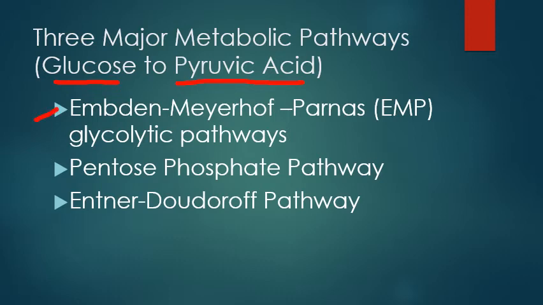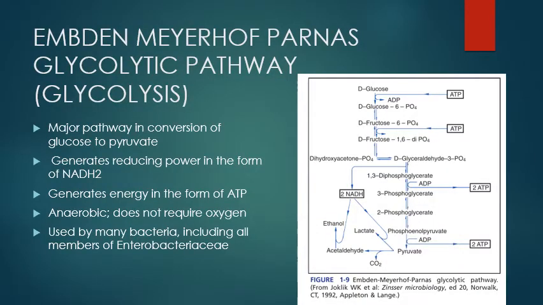Examples of this are the Embden-Meyerhof-Parnas or the glycolytic pathway, the pentose phosphate pathway, and then the Entner-Doudoroff pathway. So, first is your Embden-Meyerhof-Parnas glycolytic pathway or your glycolysis. Okay? This is the major pathway for the conversion of glucose to pyruvate.